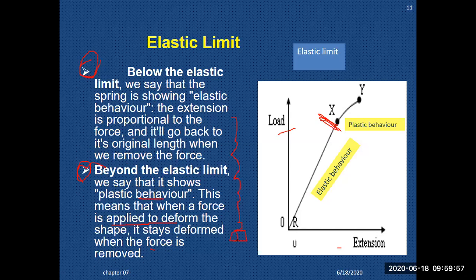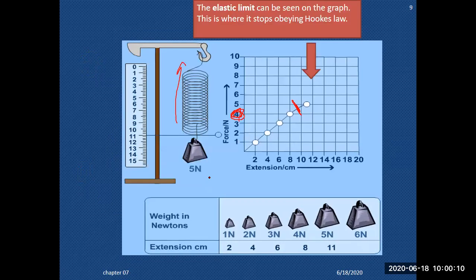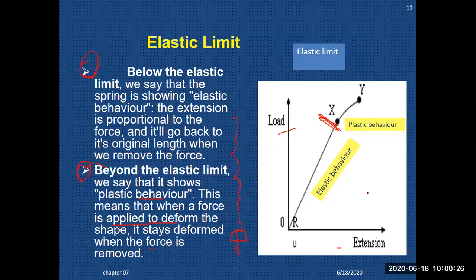So this is permanent deformation produced. Here, you are hanging weights up to 6 Newton, and after hanging 6 Newton, the spring is not moving back after removal of the 6 Newton force.